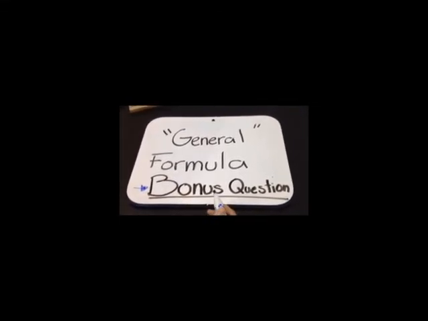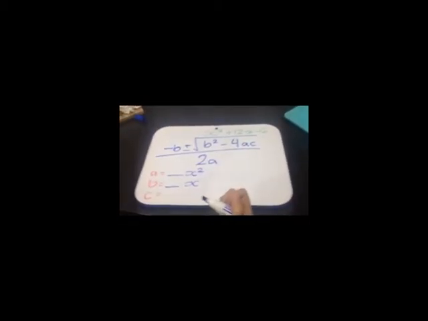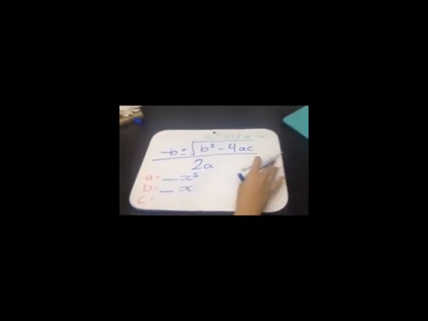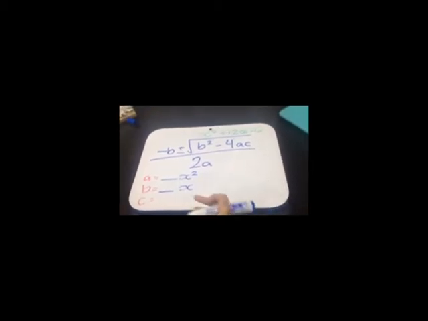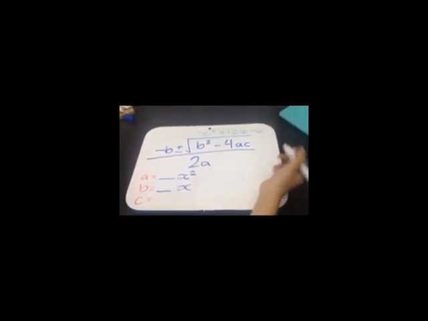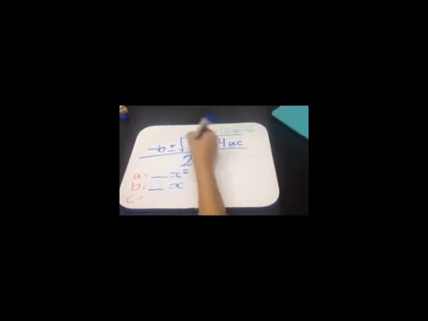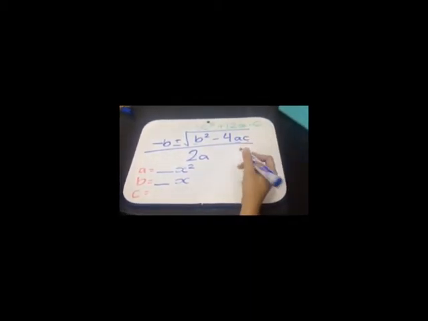Okay, now we're going to start with the bonus questions. There are these ones here. With these questions or equations, we'll be using the general formula that I will teach you in a moment. Now, here is the general formula. In here you will change the variables like a, b, and c.